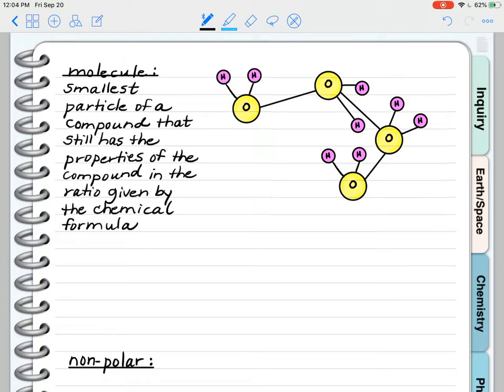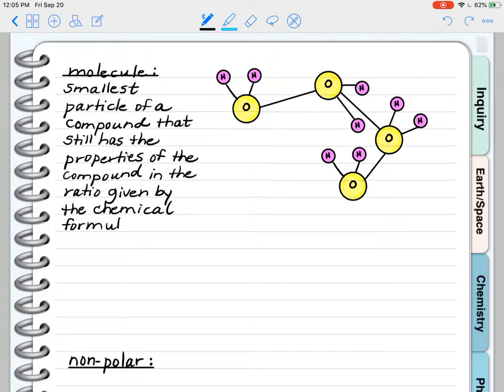Okay, so what if I broke this down a little bit? I'm going to take out that bond, and I'm going to take out that bond. I can't take out that bond, so let me go at it this way. Let's suppose that this particular piece breaks off.